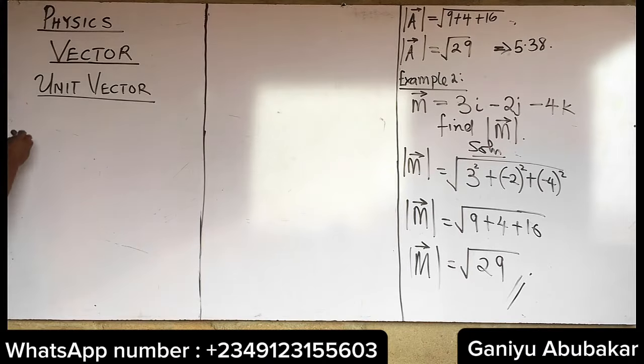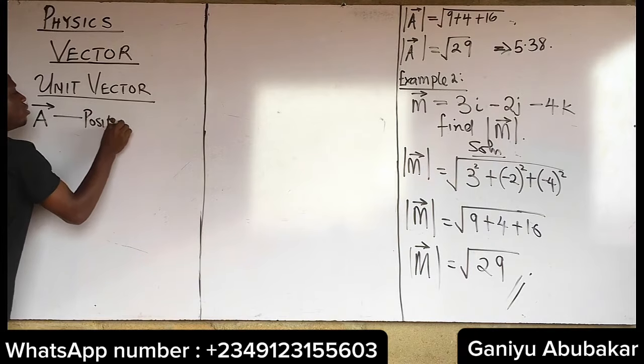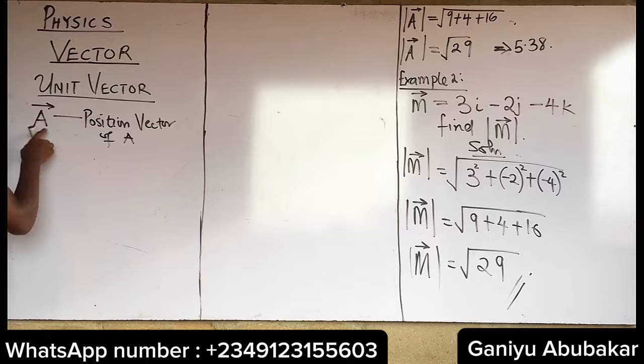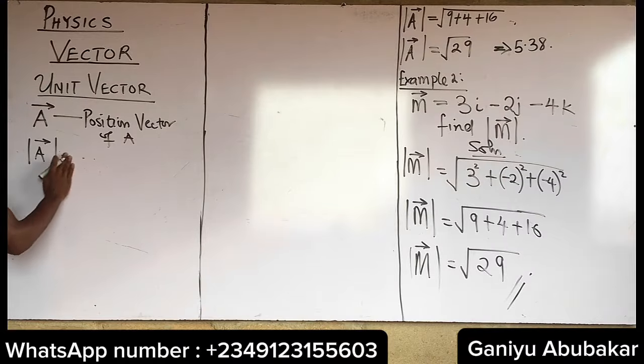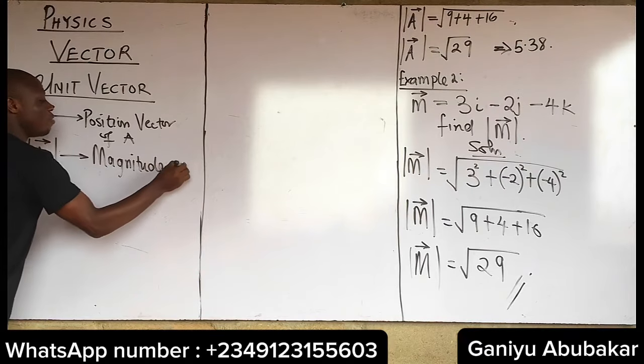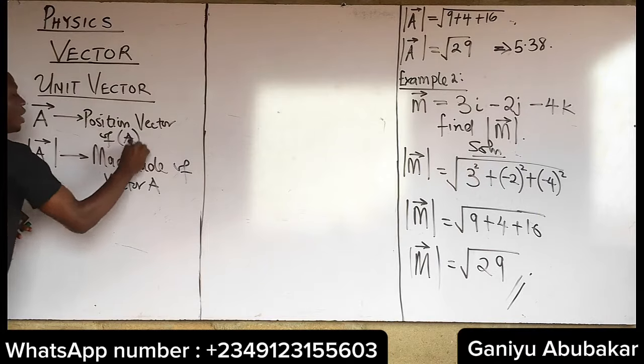If I have vector A, this is called the position vector of A. If I have this one here, what we just discussed earlier, this is called the magnitude of vector A.